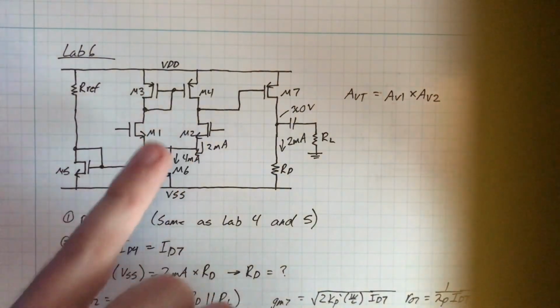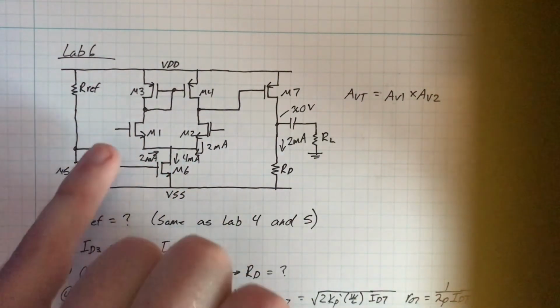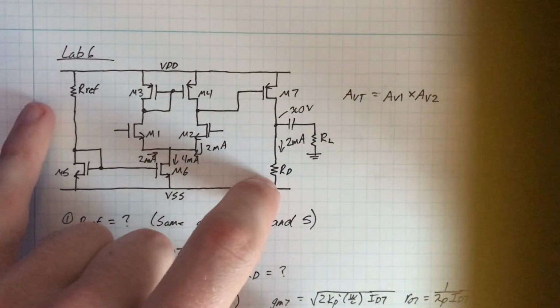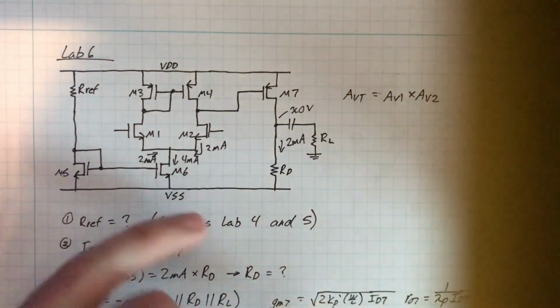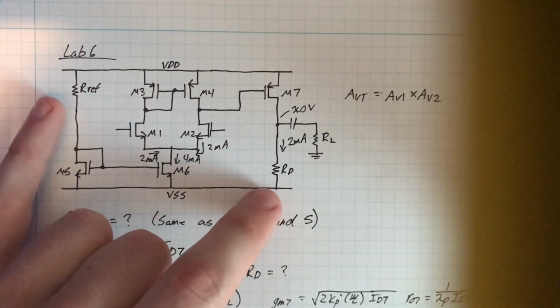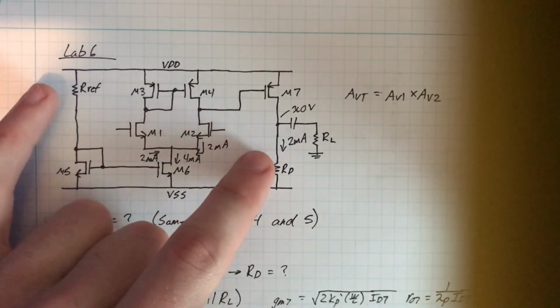You can't change W over L like you would in a real IC design. All you can change are RF and RD. And we want to increase the voltage gain. So consider what you would have to do to these two in order to increase the voltage gain while also keeping the output close to 0 volts.